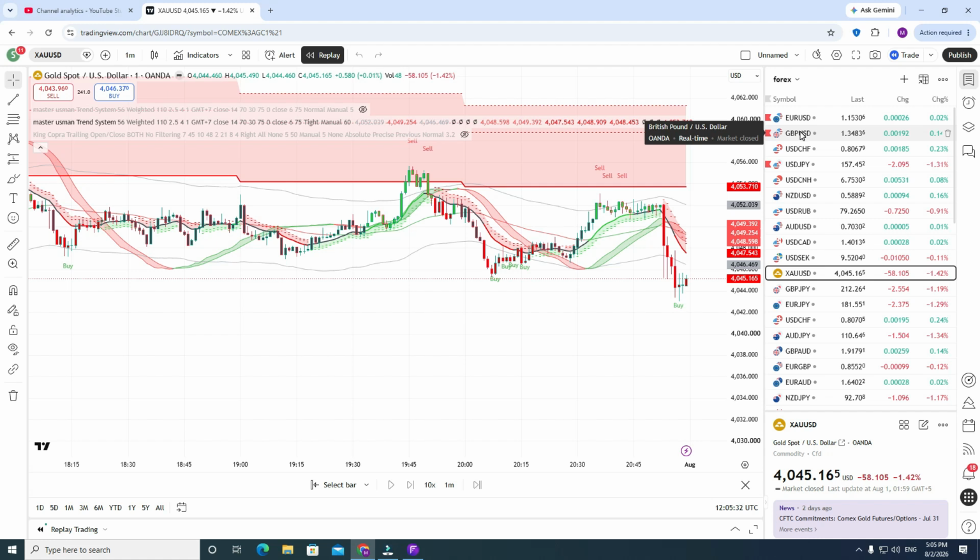But if the trend is downside, then you do not need to worry, the market will definitely come downside.